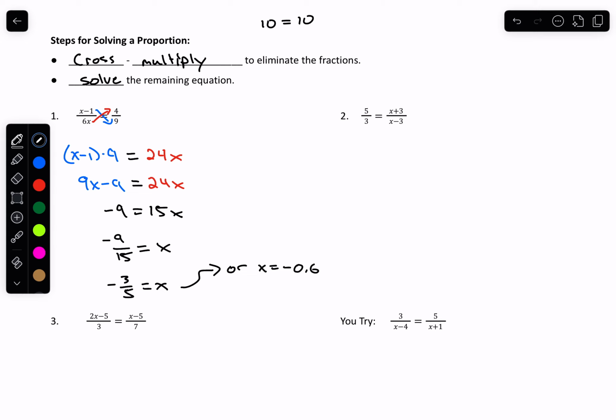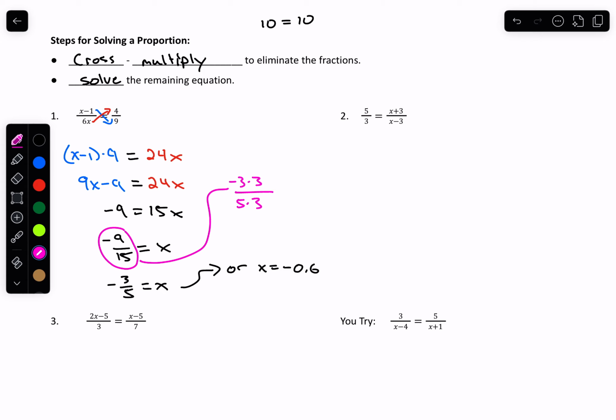When I say reduce fractions, the reason I say reduce is because we are actually reducing the number of terms or the number of factors that are in the numerator and denominator. So as a quick little aside, this fraction right here, negative 9 over 15, negative 9 is really negative 3 times 3, and 15 is really 5 times 3.